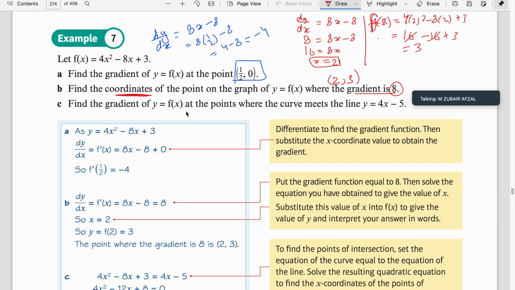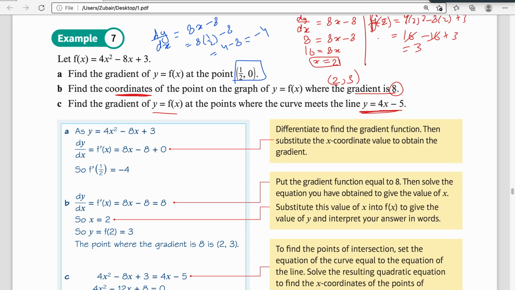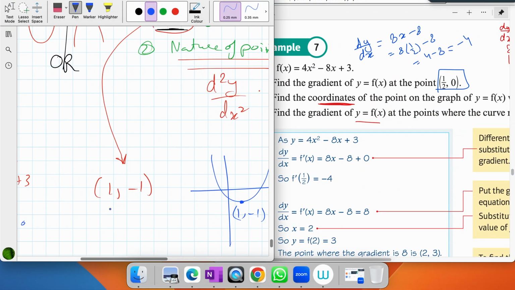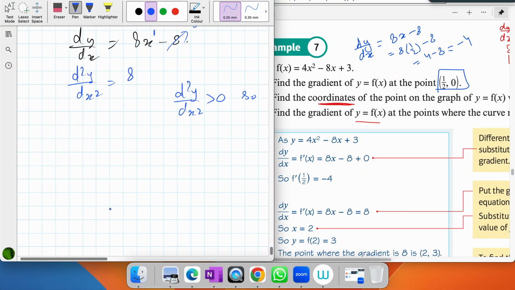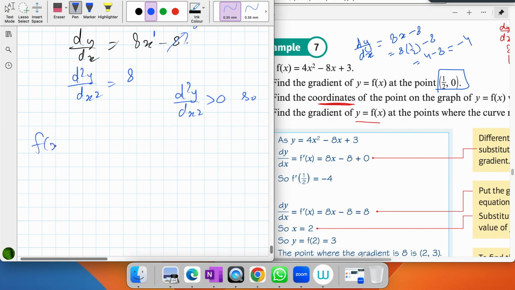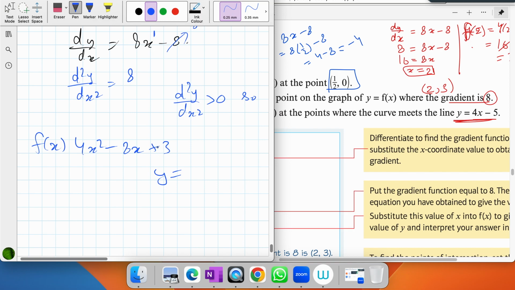Part C says find the gradient of y equals f of x at the points where the curve meets the line. So first we'll have to solve for the point where it meets. At that point y is equal to y. First it was 4x squared minus 8x plus 3. Secondly, it is intersecting with the line 4x minus 5.